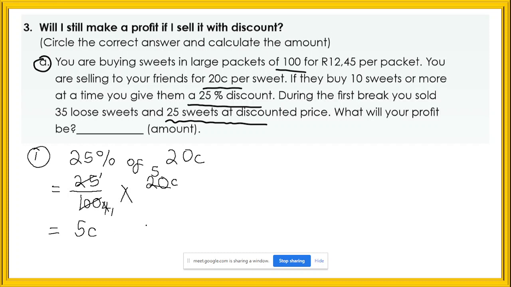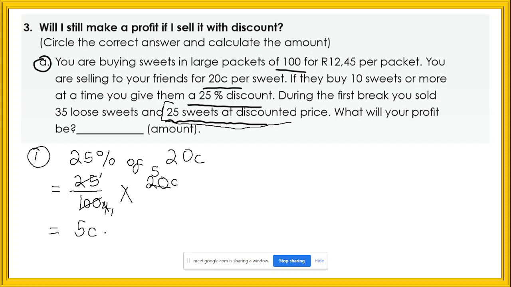Or you can just take out your calculator and work out what 25 over 100 times 20 cents is. 5. So I don't know how you were getting 40. Okay, so for every sweet in these 25 sweets, you are giving a discount of 5 cents.